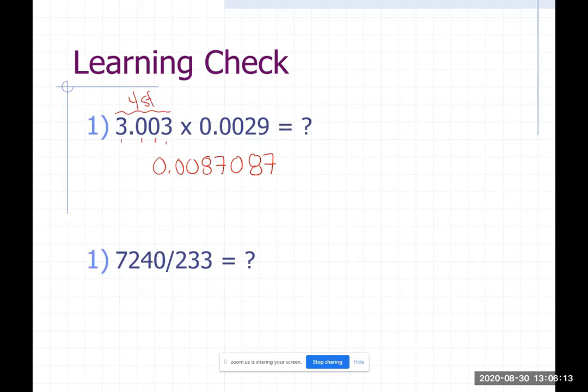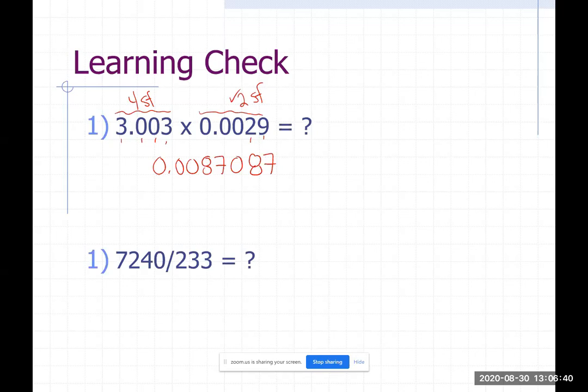because zeros between non-zero digits count as significant. If we look over here, leading zeros never count. So those 3 leading zeros to the left do not count as significant, and we end up with the 2 and the 9 being the only significant figures. So we have 2 sig figs here. That means that our answer is going to have 2 sig figs, and we're going to have to do some rounding.